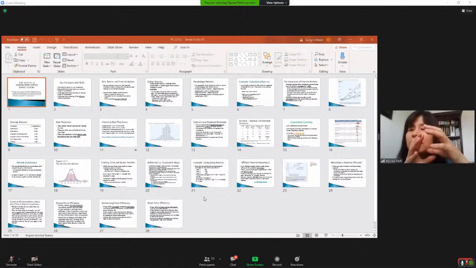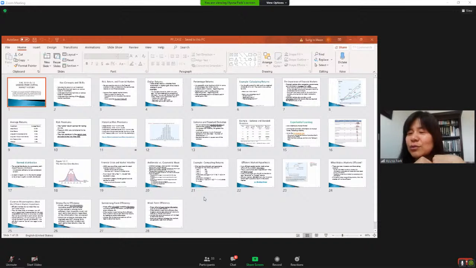Historically, assets that have higher risk earned higher average return. I'm not talking about just one year. Long-term average return was higher for riskier investments. That was the lesson we learned on Monday.